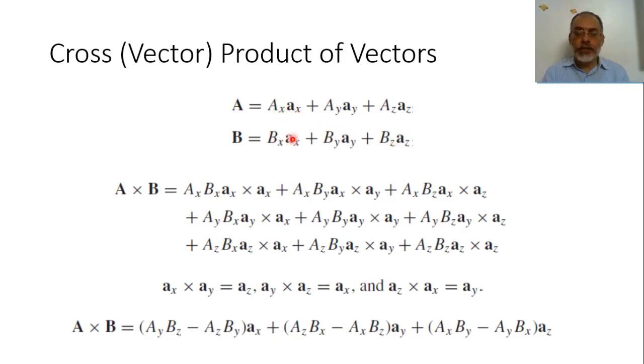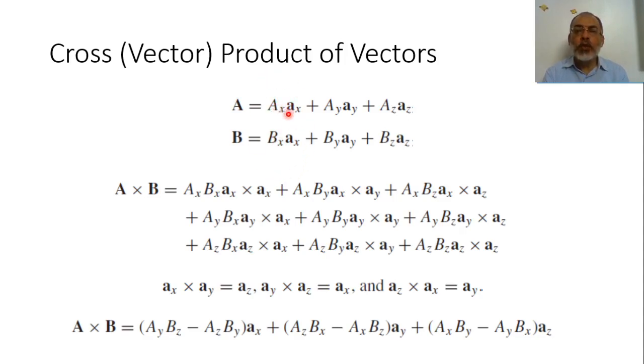AX cross BX: the angle between AX and AX is 0, and we have seen that the cross product is proportional to the sine of the angle between the two vectors. So sine 0 equals 0, and AX cross BX would be 0.